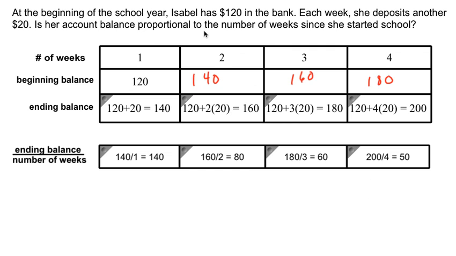So is her account balance proportional to the number of weeks since she started school? The answer is no. We did not get a constant rate. It is not proportional. So to determine whether or not a relationship is proportional, you have to divide those two quantities and get a consistent or constant rate across every single one of those columns.